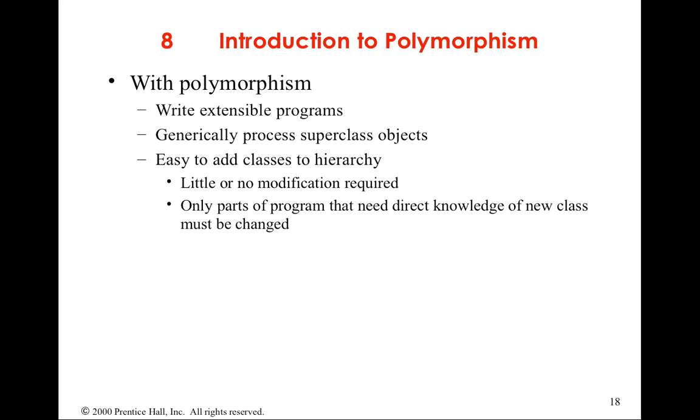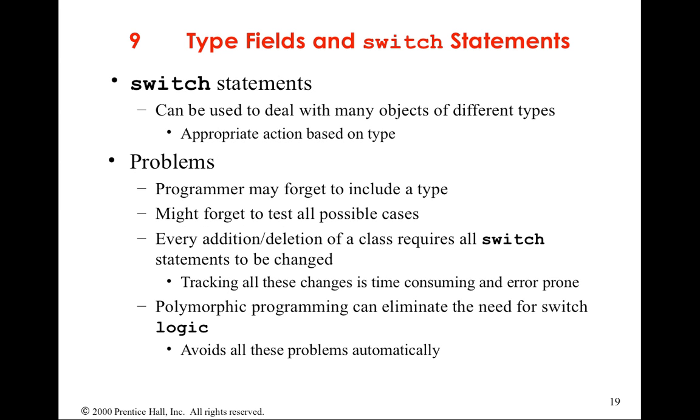So, generically processed superclass objects. It's easy to add classes in the hierarchy because they're generic. Little or no modification is required in terms of the processing of it. And only parts of the program that need to have direct knowledge of the new class must be changed. So just think we're creating more generic code.